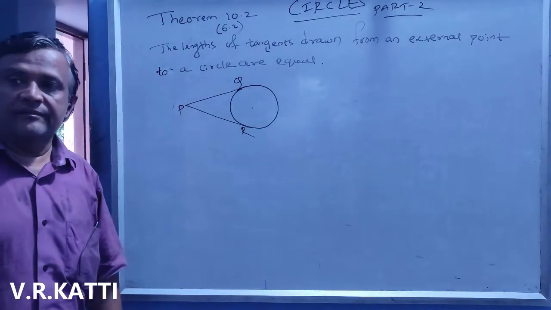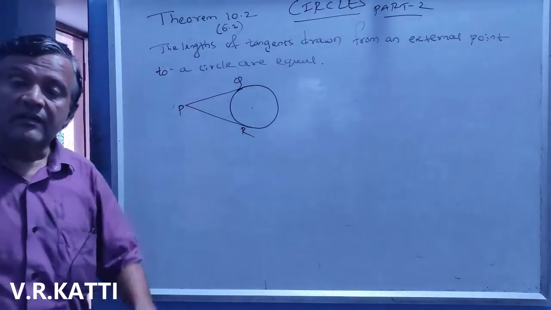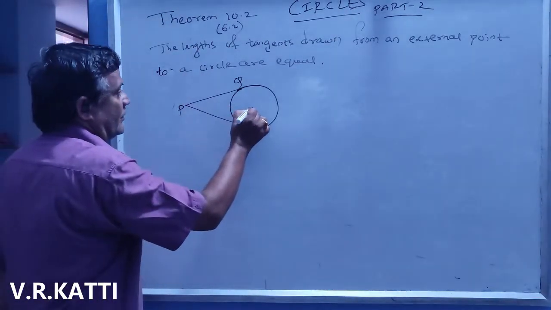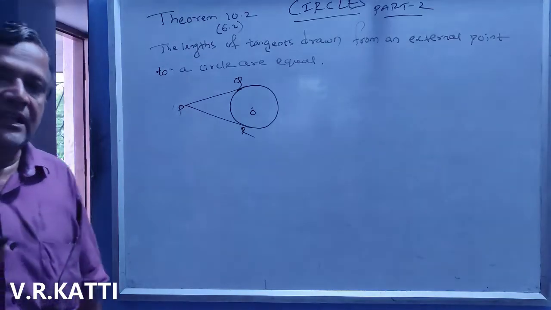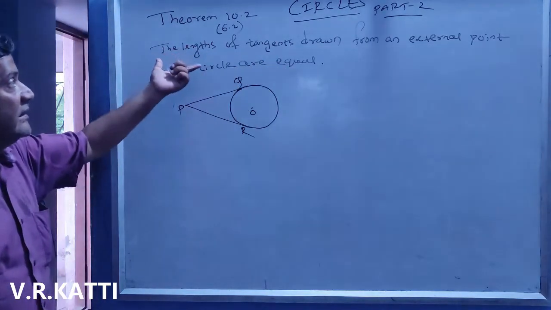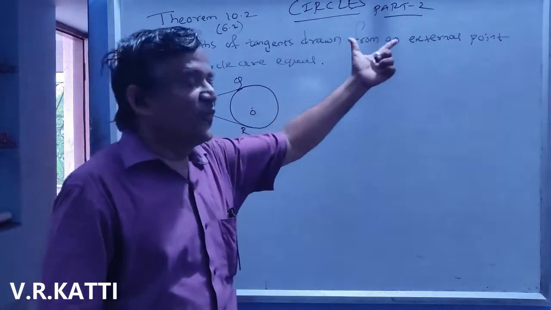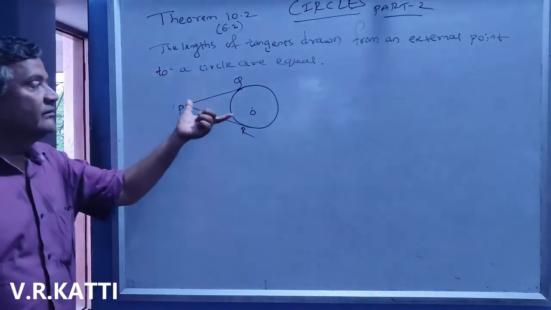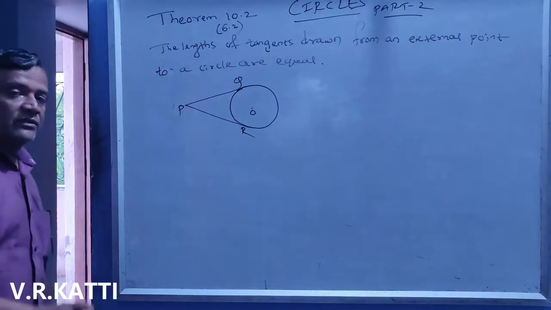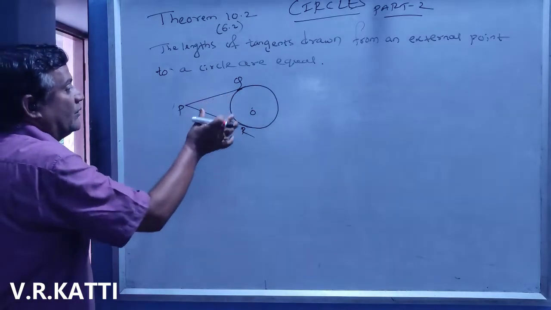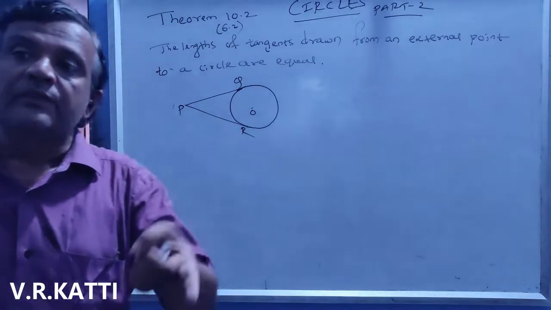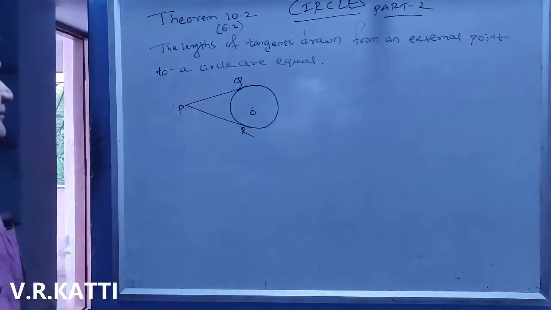PQ and PR are two tangents drawn from external point P. O is the center of the circle. According to the statement, the lengths of tangents drawn from an external point to a circle are equal. So for the lengths of tangents PQ and PR, you have to prove that PQ equals PR.